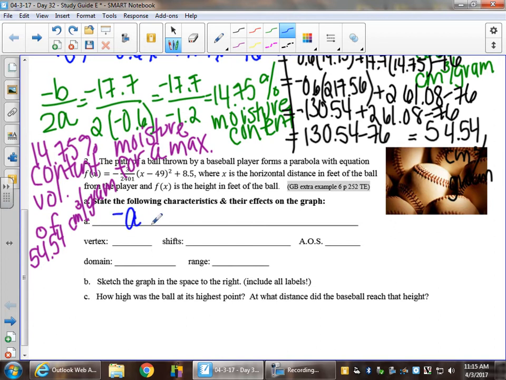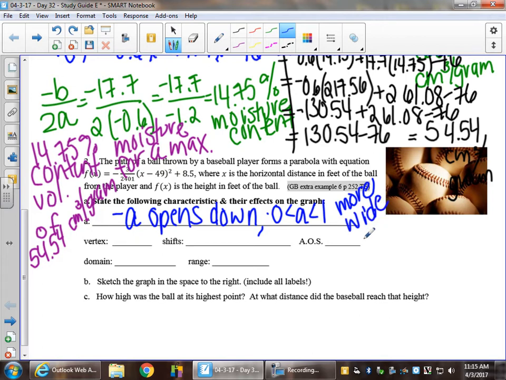We have a negative A, so what does that mean? Opens down. What else can we say about A? A is less than 1 and greater than 0, so what does that mean, DeAndre? If it's less than 1, it's more wide.